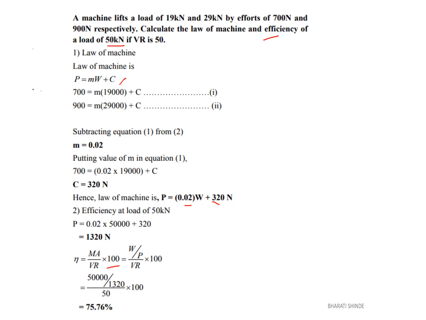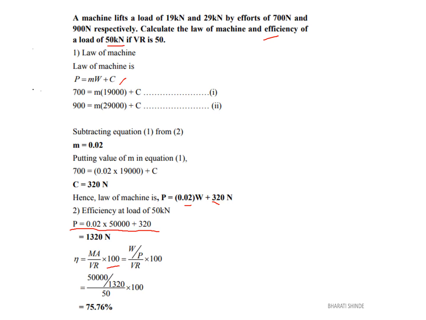So put that in P equals to mW plus c equation. As we know, m equals to 0.02, W 50 kilonewton, c 320. Then we have found out P, that is effort, 1320 Newton. Then put that value in efficiency equation, that is W by P upon VR into 100.